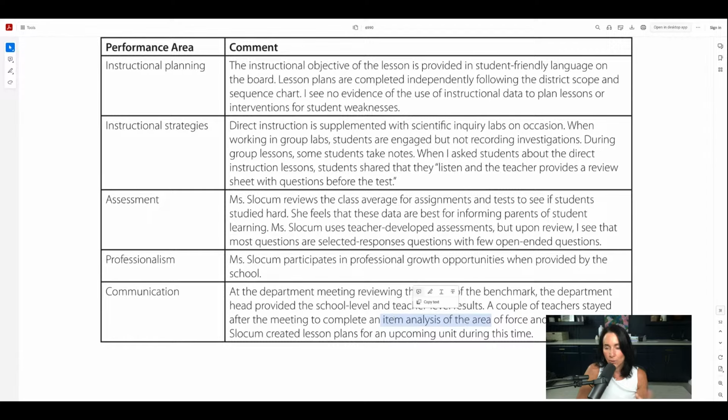So an item analysis is really important when you are looking at your own tests. I mean, I just performed an item analysis on our working backwards and all that. You should be doing that with your tests in the classroom to make sure students understand them. And then it said, but she didn't participate in that. She kind of did her lesson plans during that time. So that's not a great use of time.